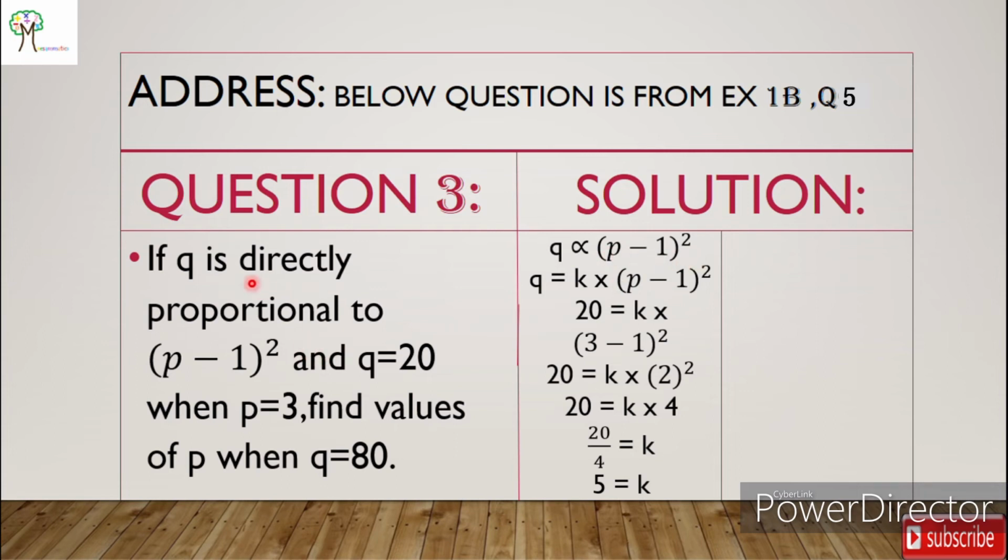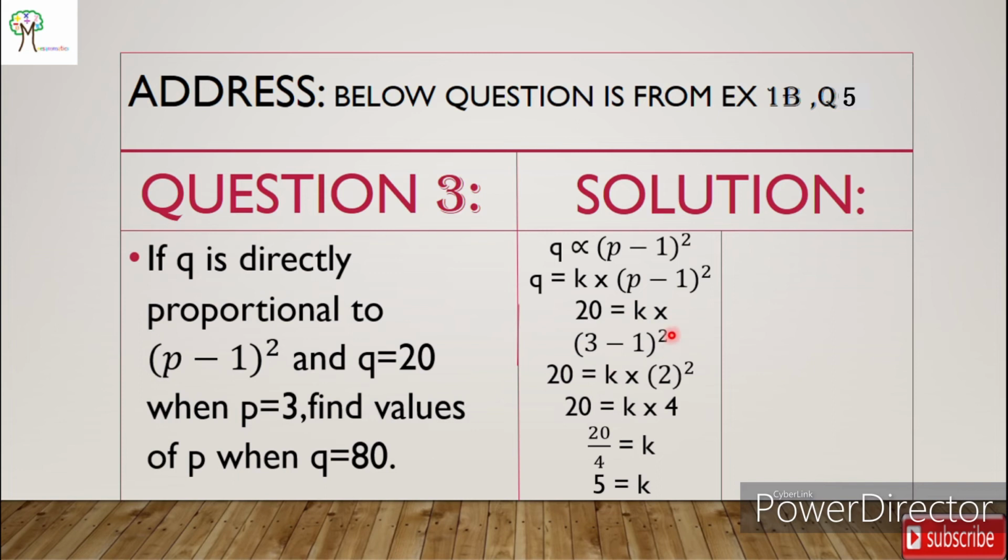Its half solution is this: q is directly proportional to p minus 1 square, with the sign of proportionality, and then p minus 1, which is this. Then q is equal to constant times p minus 1 square. Then q value is 20, so we will put it here, and k value we don't know.